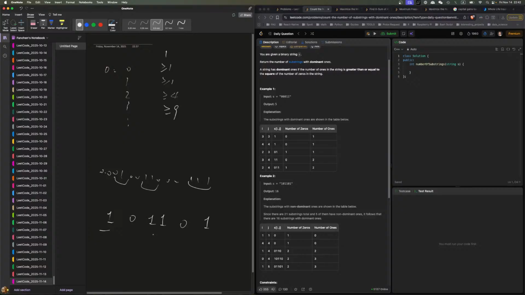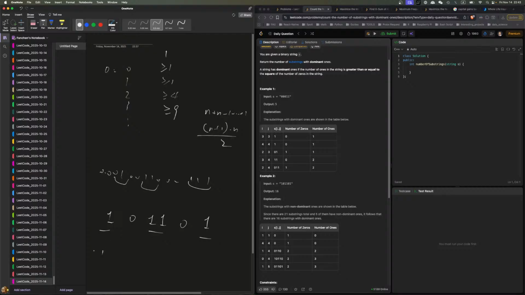So for each island, the zero count is 0, and all the substrings, if the length is n, number n plus 1 times n divided by 2.